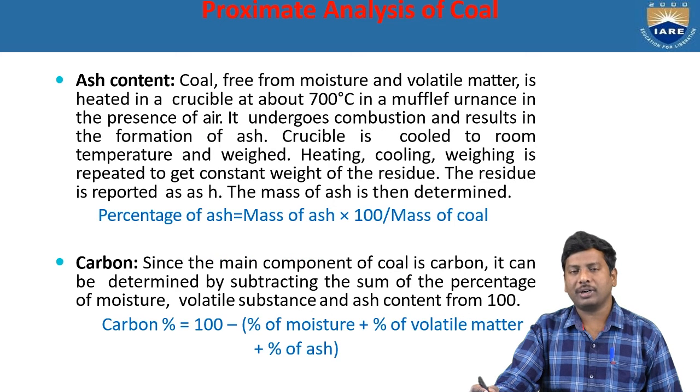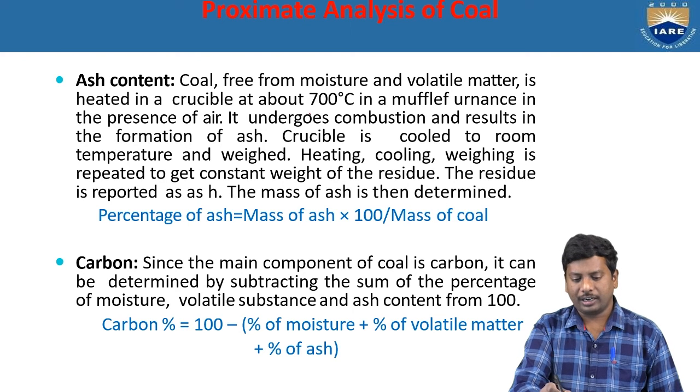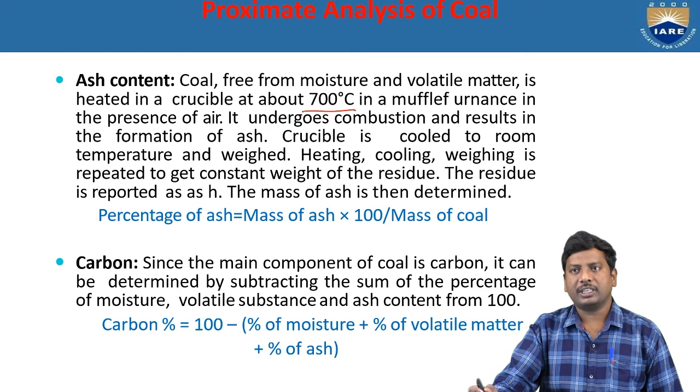The third one is ash content. Coal free from moisture and volatile matter is heated again in a crucible up to 700 degrees centigrade in a muffle furnace in the presence of air. In the presence of air, the coal burns, undergoes combustion, and results in the formation of ash. The crucible is cooled to room temperature and weighed.